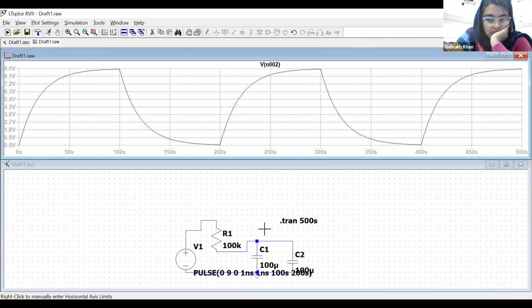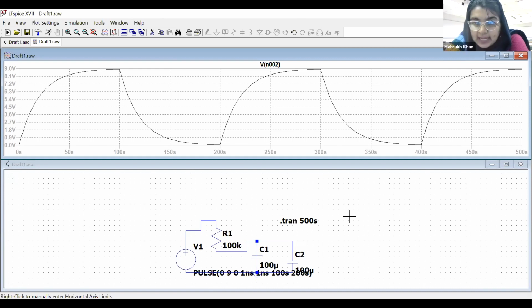Yeah, why do you think we should give 100 seconds here? 100 provides a smooth curve and it reaches the peak at that time.